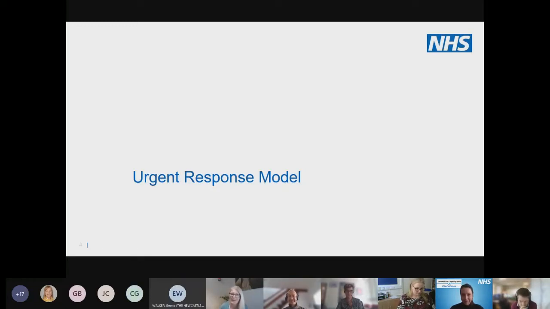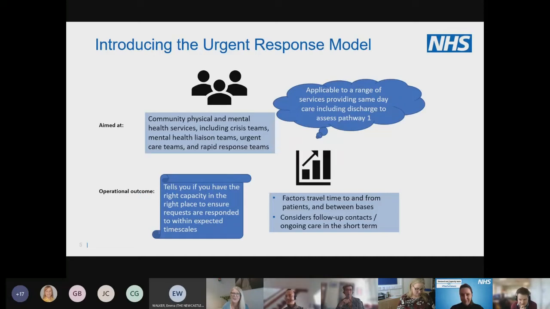Thank you, Sandra, and thanks, Keith, for driving the slide. If we can have the first slide, please. I'm going to give you a very quick overview of the urgent response model, which is a really useful demand and capacity tool for teams that provide either community, physical or mental health services, those that provide a crisis response or a same day, rapid response type of service.